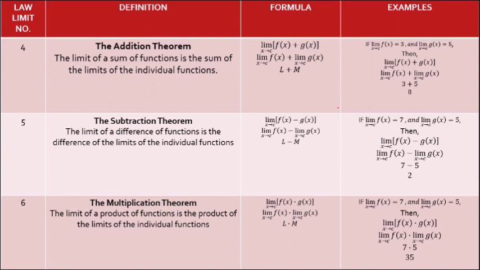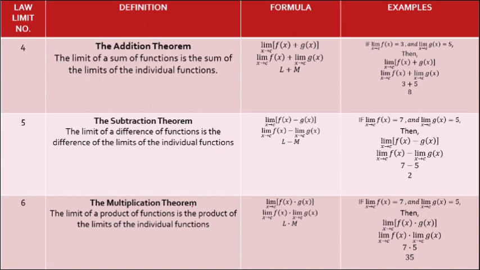For subtraction, it is just the opposite: instead of addition, it becomes subtraction. In our example, the first limit is 7 and the second one is 5, so 7 minus 5 is 2.